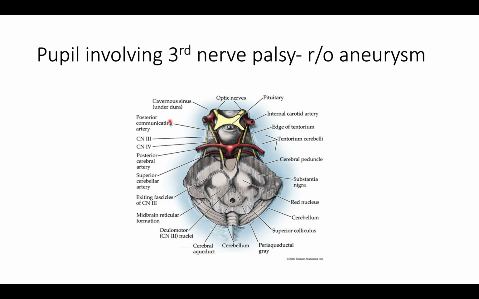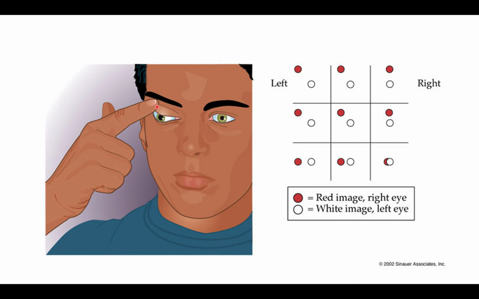So this is a typical picture of third cranial nerve palsy, or oculomotor nerve palsy, where the affected eye is down, and at the same time it is going somehow laterally, right? So it is in the lateral side and down. Why?